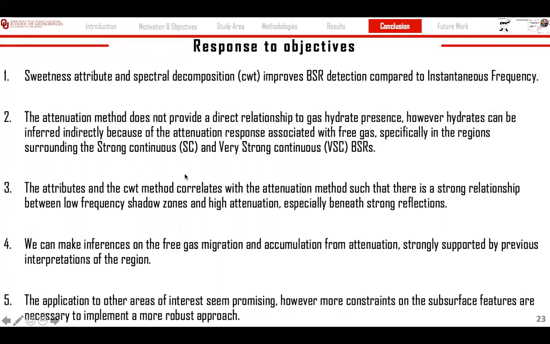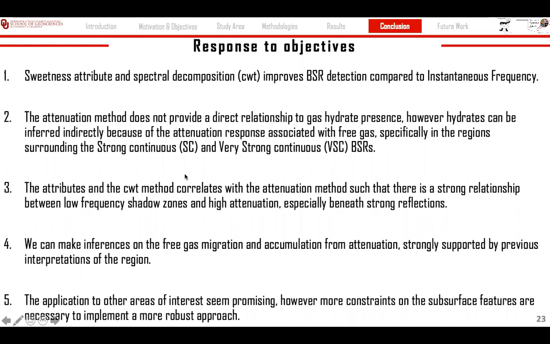Third, the attributes and the CWT or spectral decomposition method correlate well with the attenuation method, such that there's a strong relationship between the low frequency shadow zone features that we've interpreted and high attenuation, especially beneath the strong reflections or the strong bottom simulating reflectors.